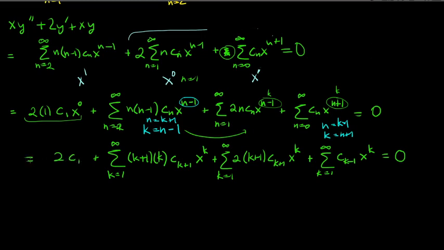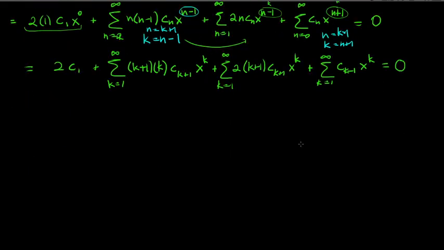Now, I think we can combine these all as a single series, except the first term, the 2c1. Now we have k going from 1 to infinity, and let's just group all this together. We have k times k plus 1 times ck plus 1. Oh, actually, can I combine that with this?